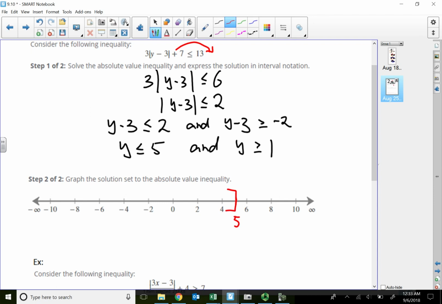And I'm also looking for numbers that are greater than or equal to 1. So 1 goes to the right. Okay, so with the word and in the middle, I'm looking for a number that has to be bigger than 1 and less than 5. So that has to be everything in between 1 to 5. So my interval notation has to be bracket 1 to 5.